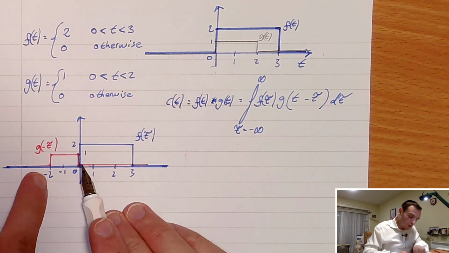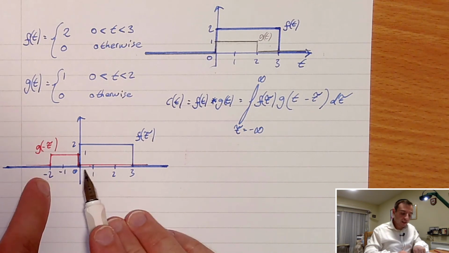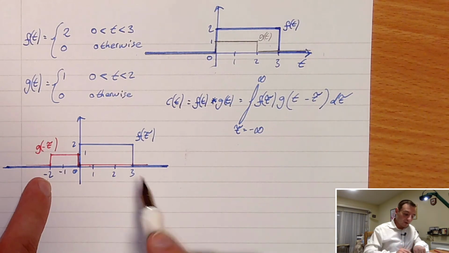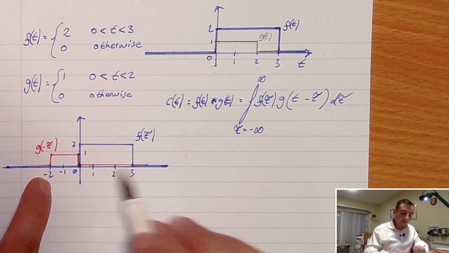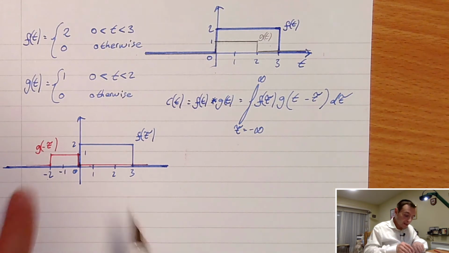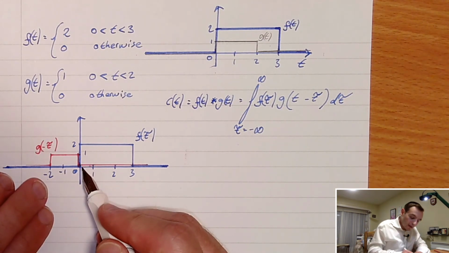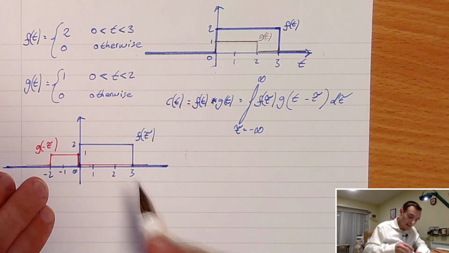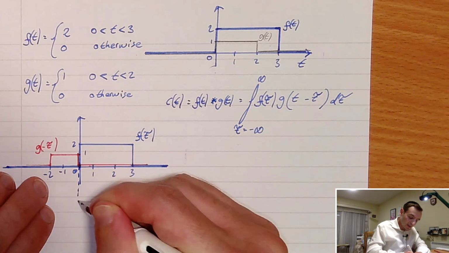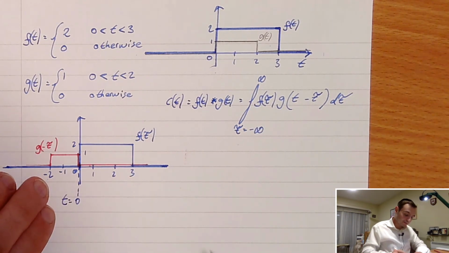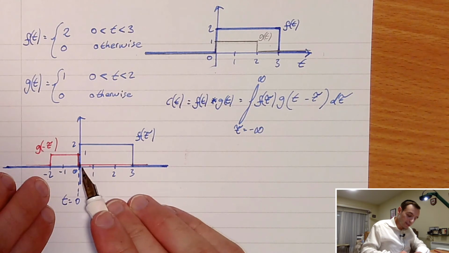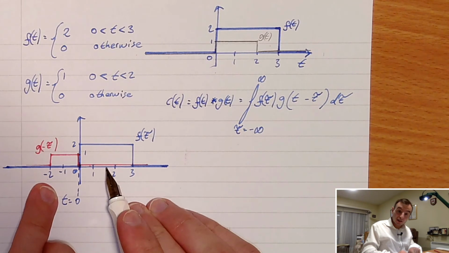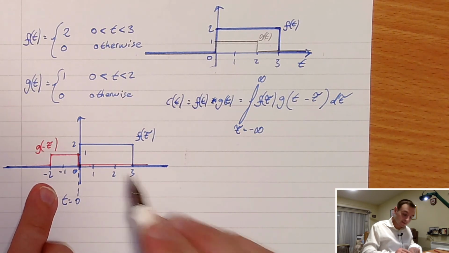So the approach here is to split this question up into different parts so that we have different integrations, and we can therefore work out what the function descriptions are going to be for each phase of the motion of the sweep. When we flip g of minus tau in the y-axis, t is going to be 0 over here. This is the leading edge. The leading edge is going to be 0, say t equals 0. And as t increases between 0 and a certain value, the convolution function is going to increase.